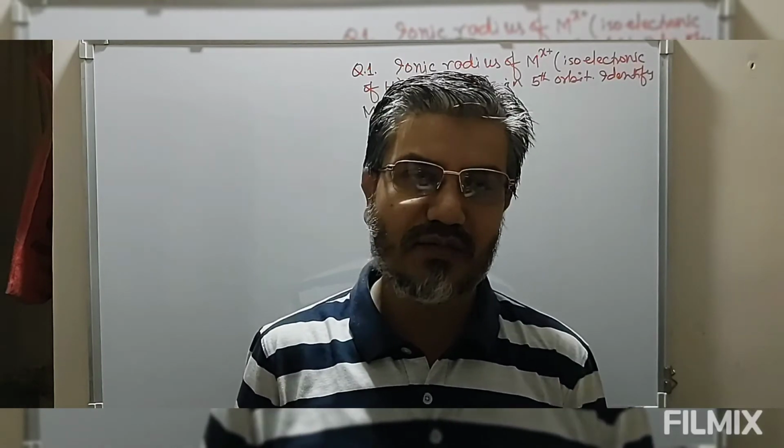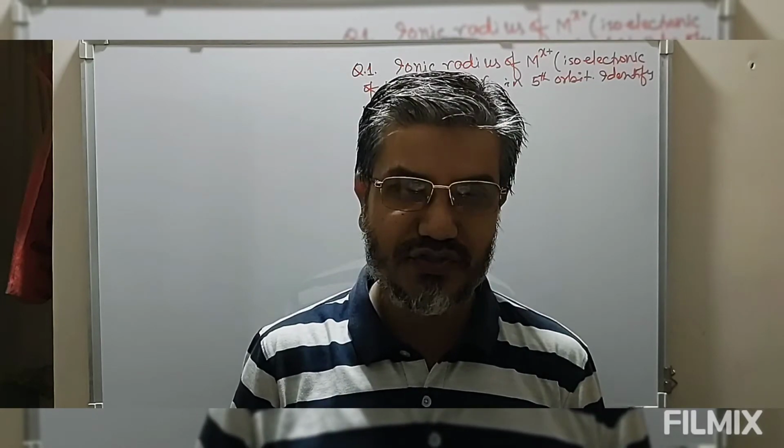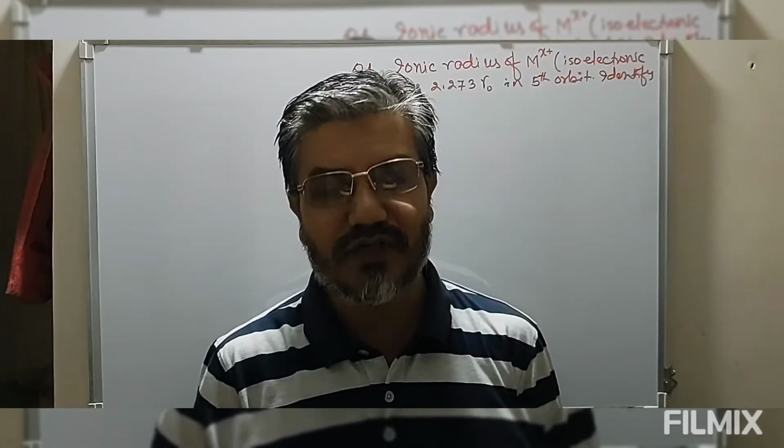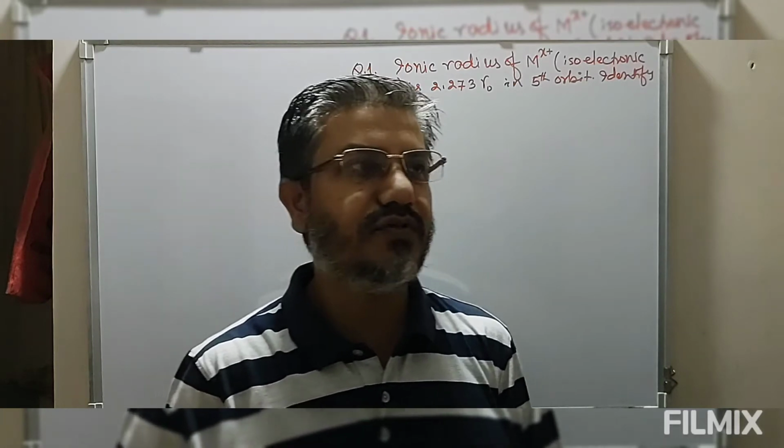Then we have spectrum of hydrogen atom and hydrogen-like species. So now we are going to use those relationships in solving numerical problems. So let's start with some typical problems.